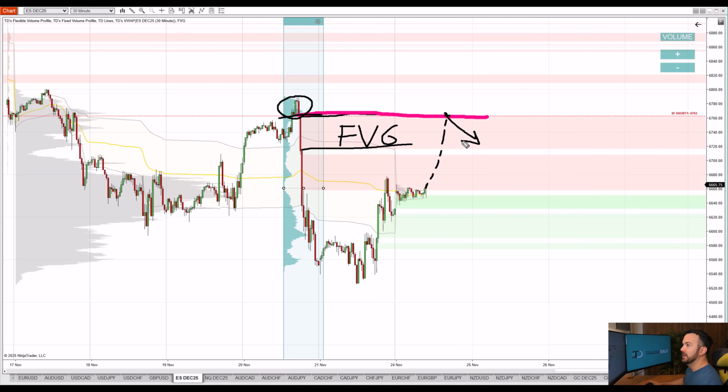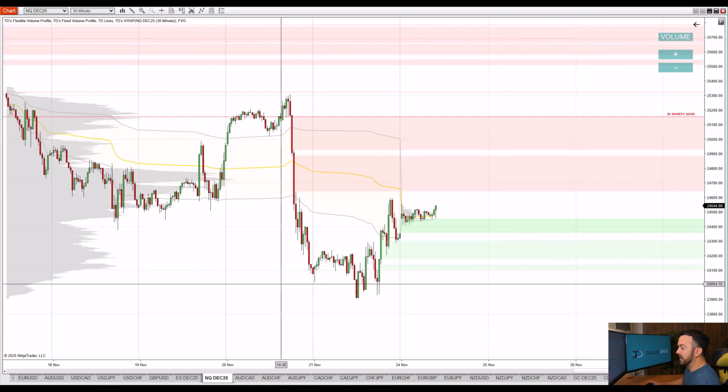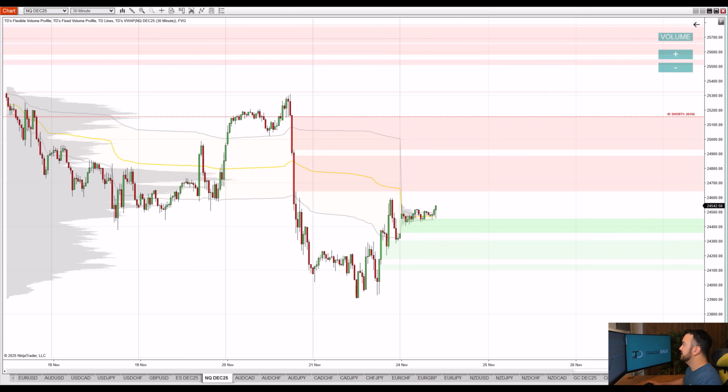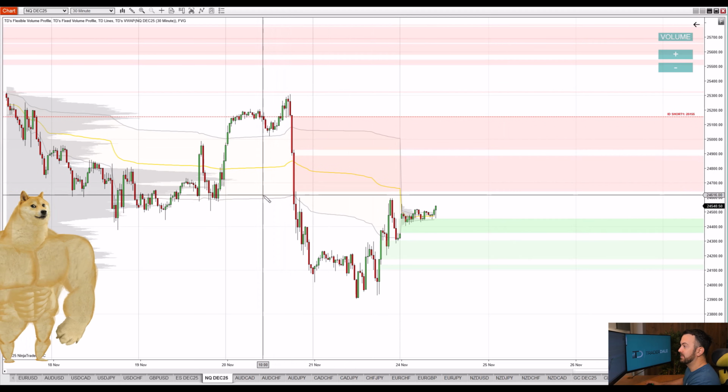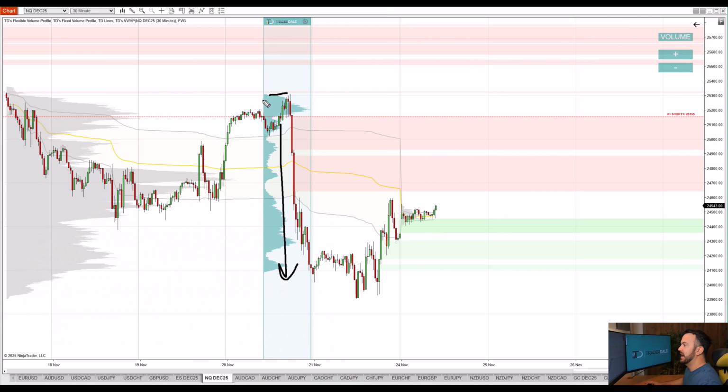All right. Now we have a very similar level on the NQ. So let me show you. This is NQ. It's very closely correlated to the ES. And in here you can observe more or less the same thing. We have a strong sell-off, and a heavy volume zone at the start of that sell-off.